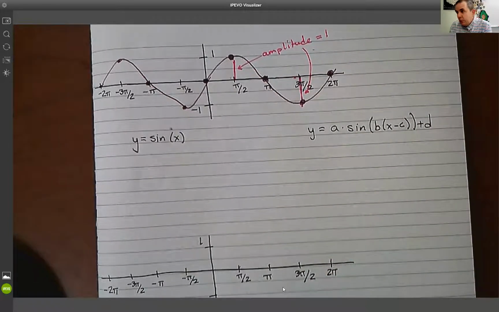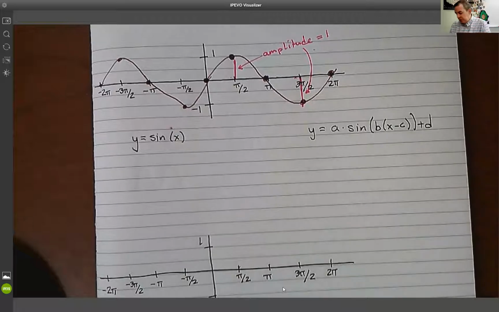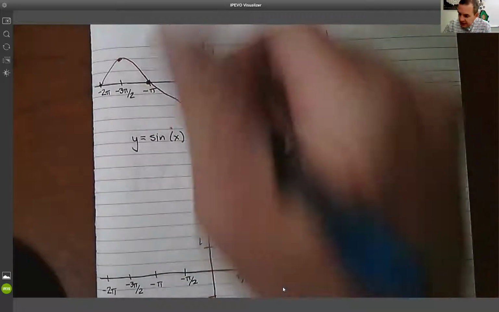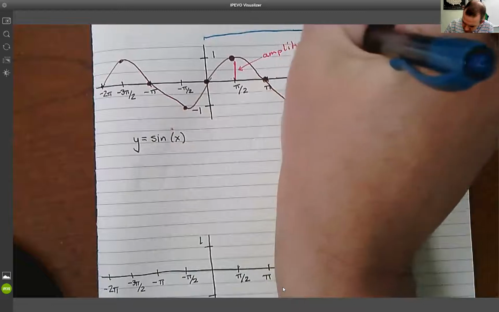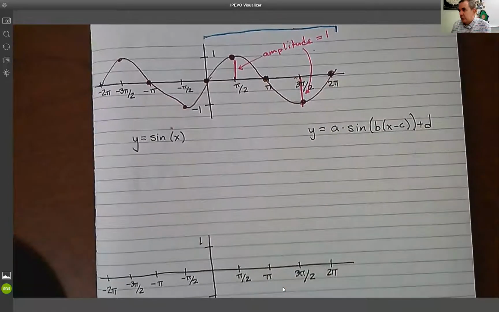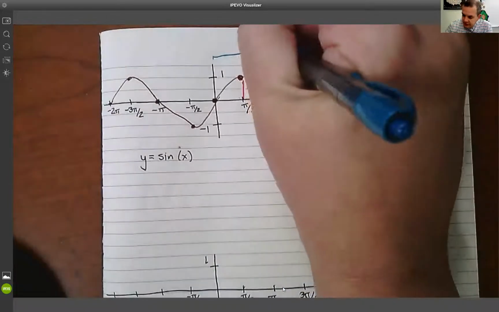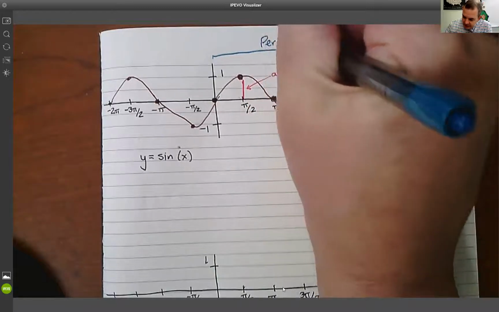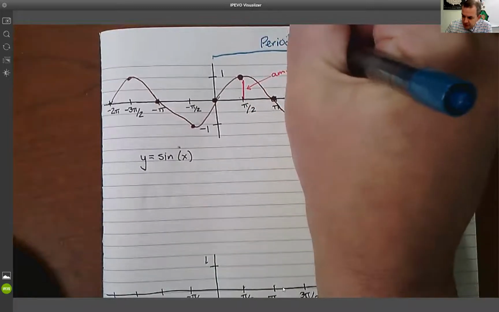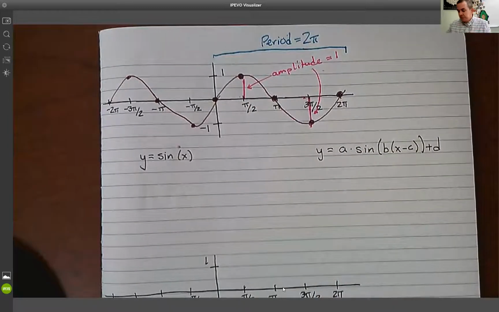The other piece we deal with is what's called the period. The period is how long it takes to go through one iteration of the sine curve. In the case of this function, the period is 2 pi. So that's our sine curve.